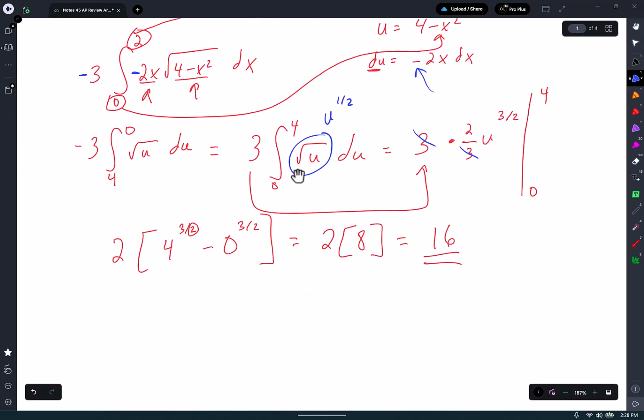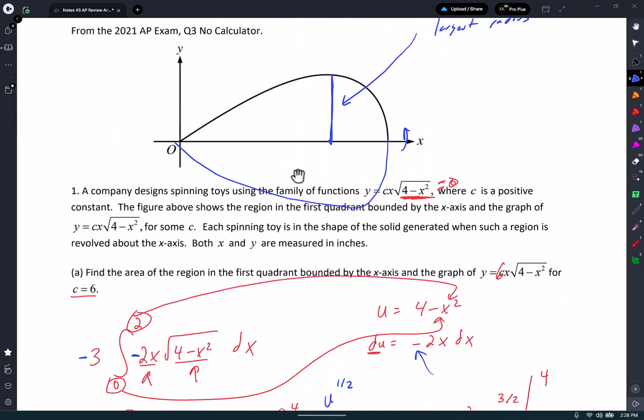Well, if this is my largest radius, this means that my derivative went from what to what? This function went from increasing. My derivative went from positive to negative. So that's how I'm going to figure out what this is by using that fact.